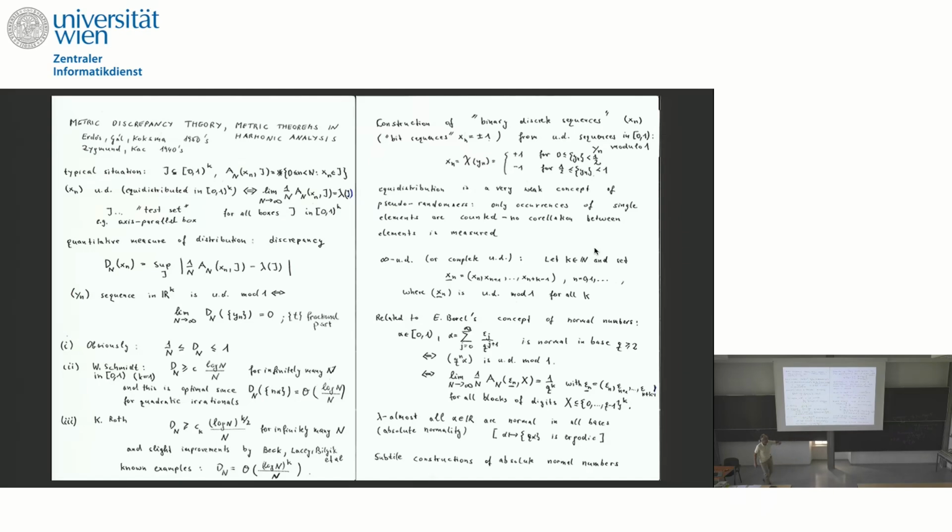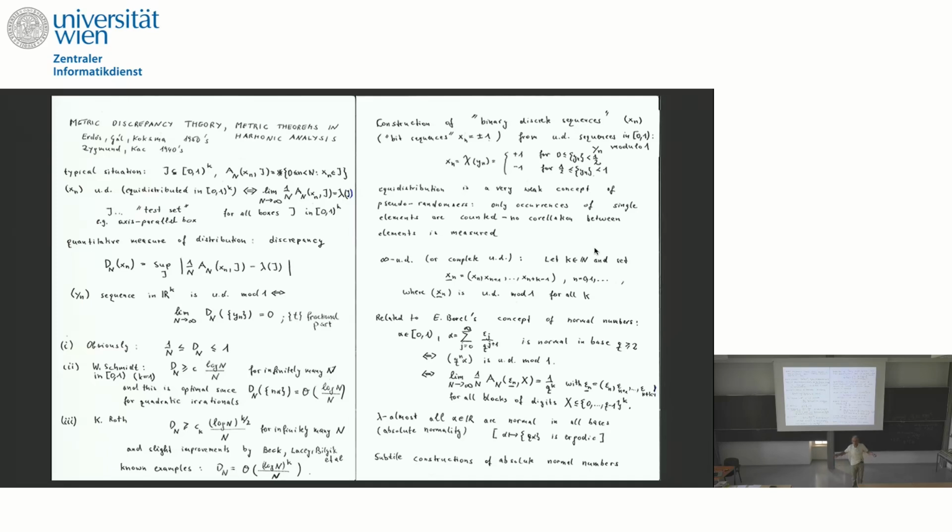Of course, it's a much more subtle question to construct normal numbers. It's easy if you want to construct normal numbers for a given base. This is also a very nice exercise problem. Champernowne's number.